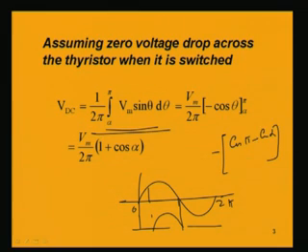Cos pi is minus 1, so 1 plus cos alpha. So, Vm by 2 pi into 1 plus cos alpha, this is the DC value of the voltage for this resistive load.